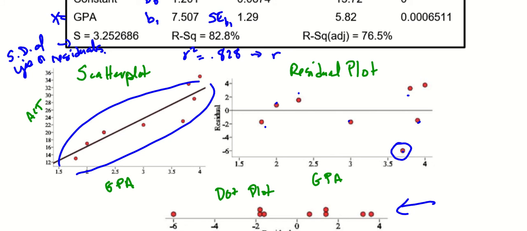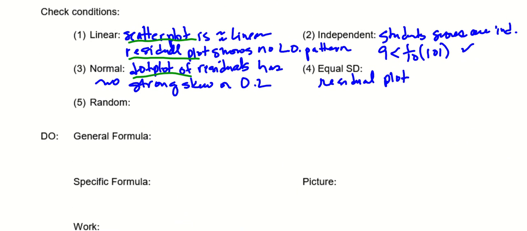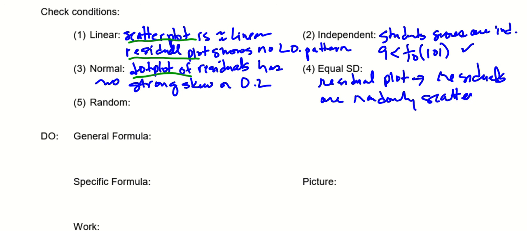But what we're going to address here is that from your residual plot, we can see that the residuals are randomly scattered about the residual equals 0 line.